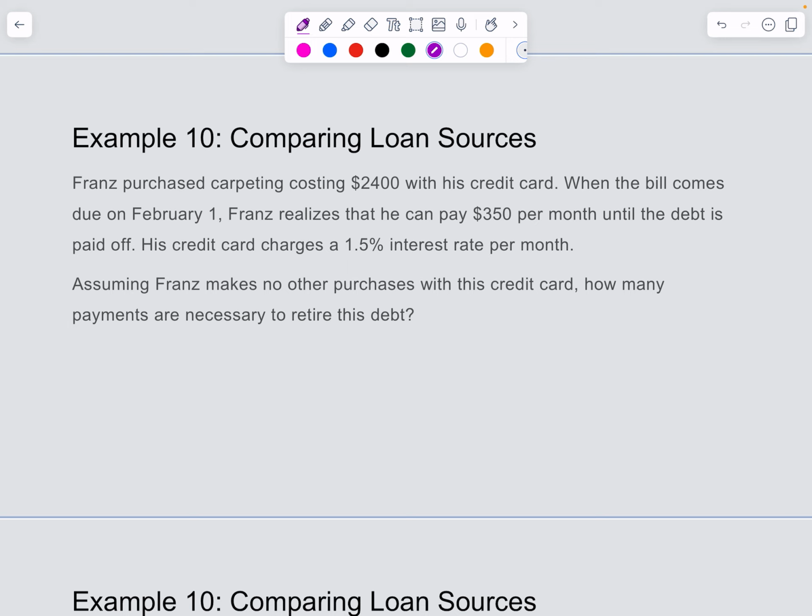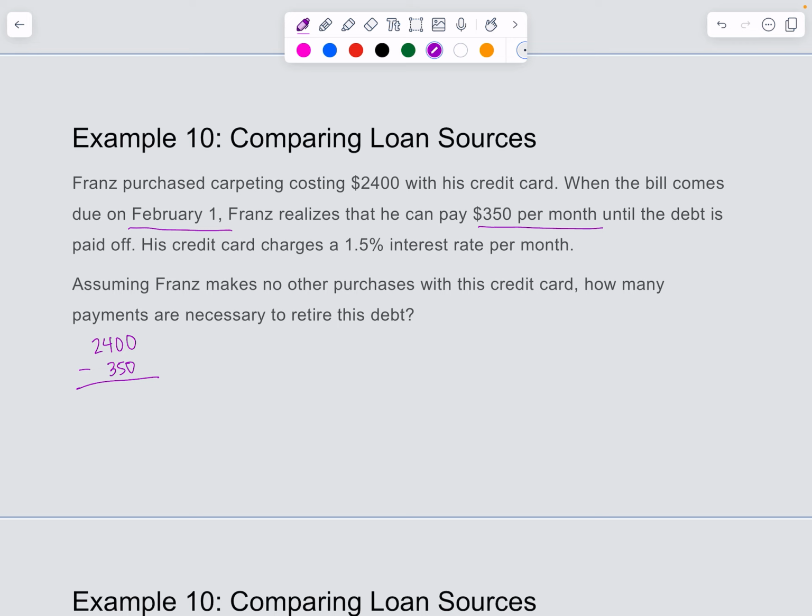Well, he wants to make his first monthly payment of $350. That payment would be on February 1st, it tells us. So if we find out the new amount that's owed, we would start with, he owes $2,400, he wants to pay $350.